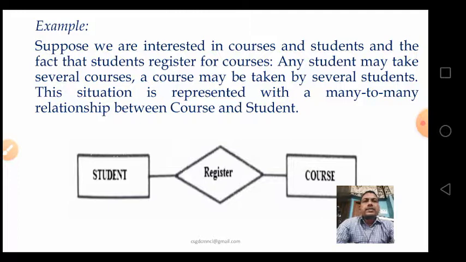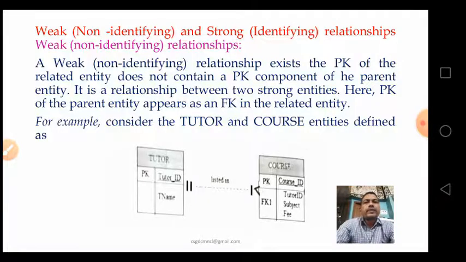Next we discuss weak and strong relationships. Here weak means non-identifying, and strong means identifying. First, weak or non-identifying relationships.